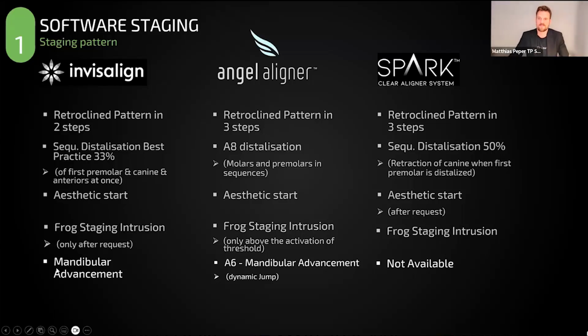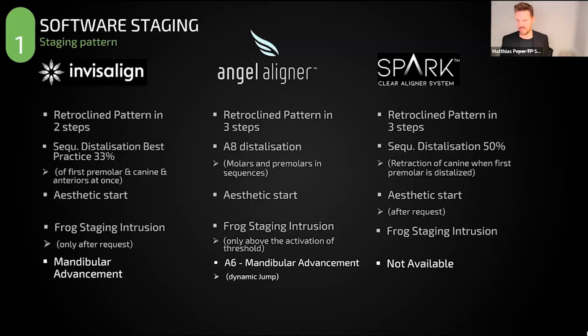Mandibular advancement. We all know the mandibular advancement from Invisalign. The mandibular advancement pattern from Invisalign is a little bit different from what we see with Angel Aligner. And I will now give you an idea of it. They call it A6 mandibular advancement.